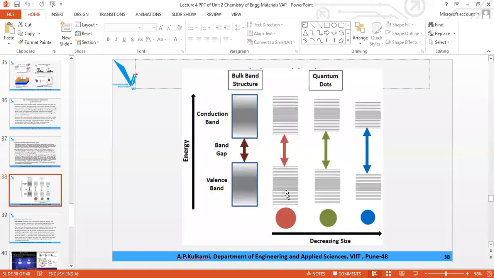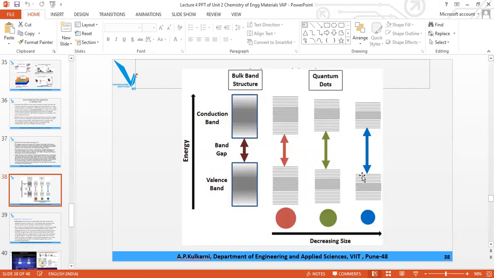For the biggest one, the band gap is smallest, and for the smallest one, the band gap is biggest. And when the band gap is more, then if we have to transfer the electron from the valence band to the conduction band or vice versa, more energy is required.